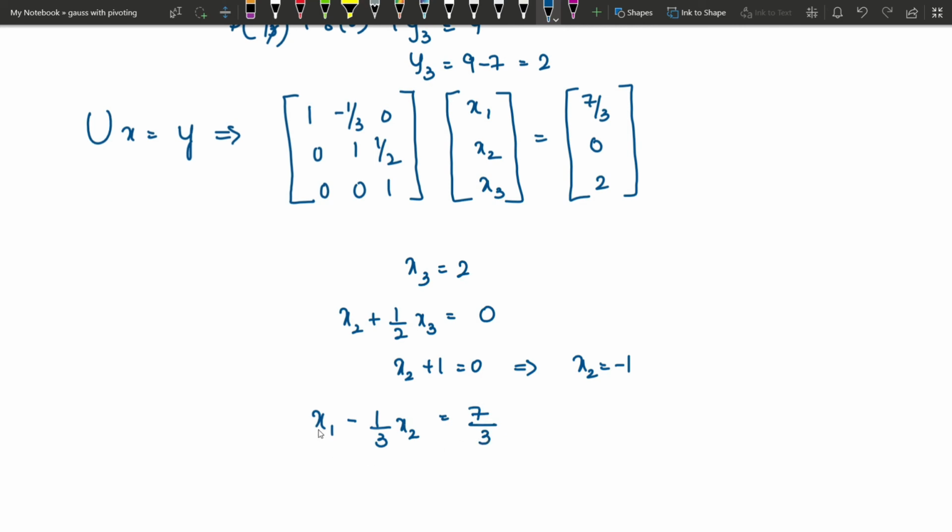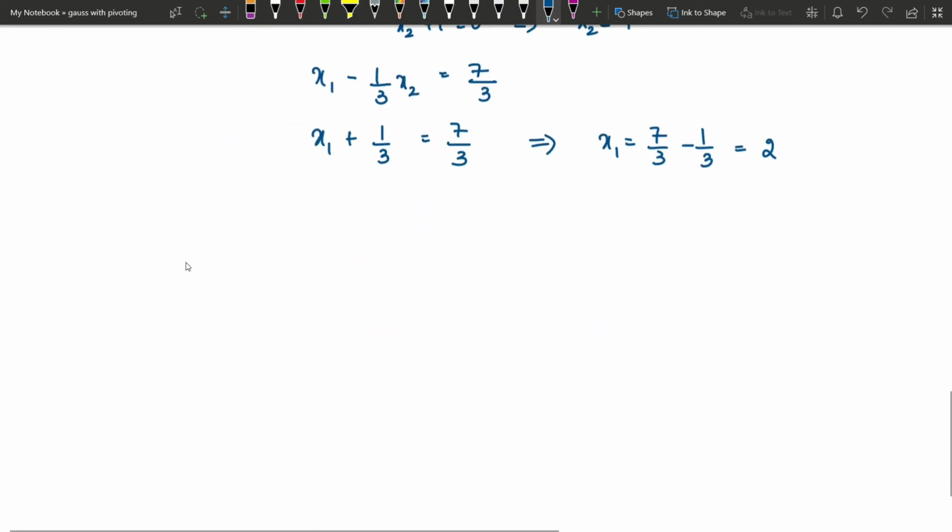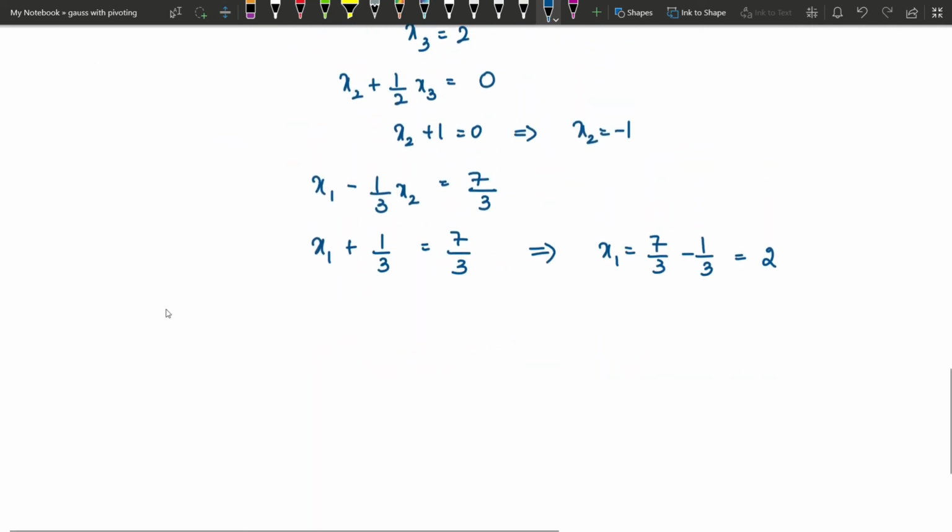And we'll take the first equation now, which is x1 minus 1 by 3 x2 equals 7 by 3. x1 minus 1 by 3 into x2 which is minus 1, so it becomes plus 1 equals 7 by 3, implies x1 is 7 by 3 minus 1 by 3, which is 6 by 3, which is 2.